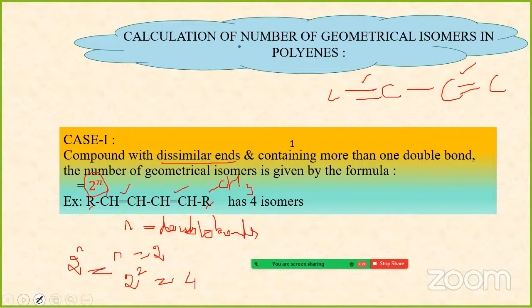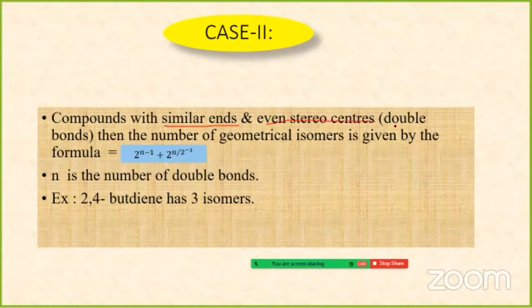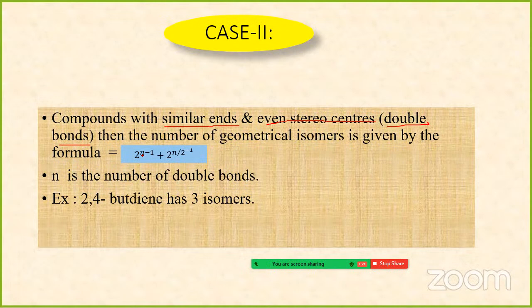Now let us see the next case. In the second case, we are calculating for compounds with similar ends. In the first case, we calculated with dissimilar ends. But here we are taking similar ends and also an even number of stereo centers. Stereo centers means nothing but double bonds only. Then the number of geometrical isomers is given by the formula 2 to the power of n minus 1 plus 2 to the power of n by 2 minus 1.